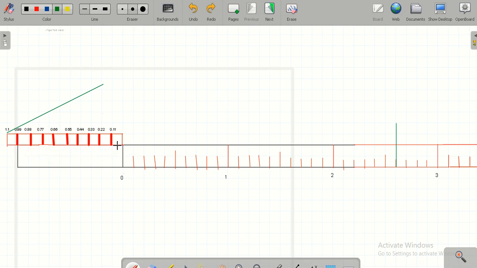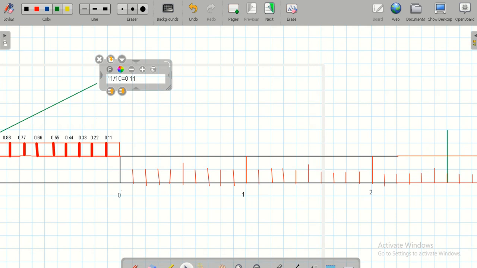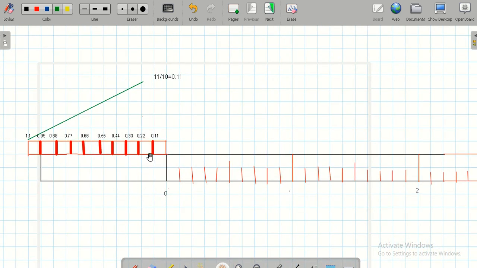Now to draw the Vernier scale, you have to measure up to 11 mm, one block more, and you have to divide it into 10 equal parts. 11 divided into 10 equal parts will give 0.11.